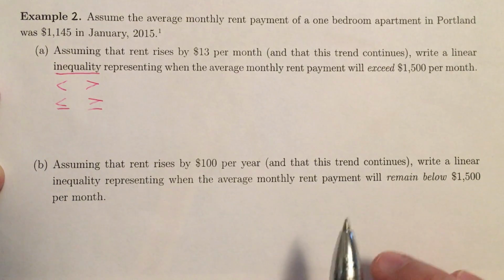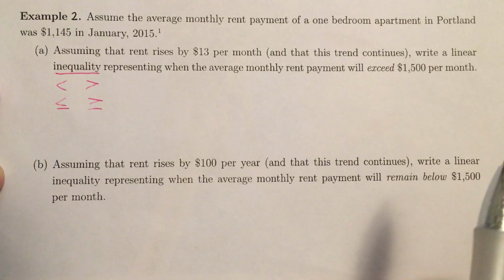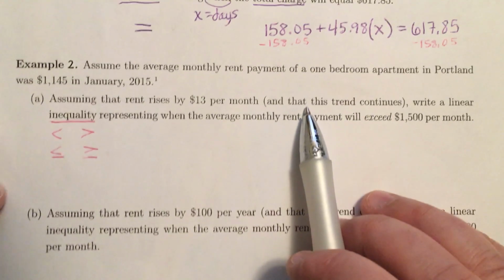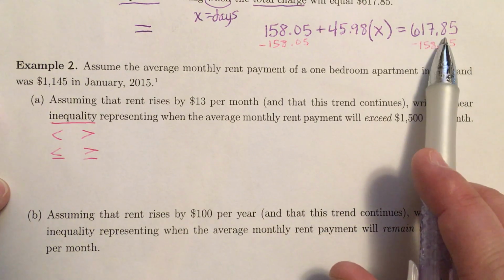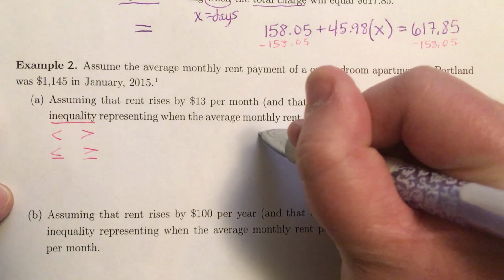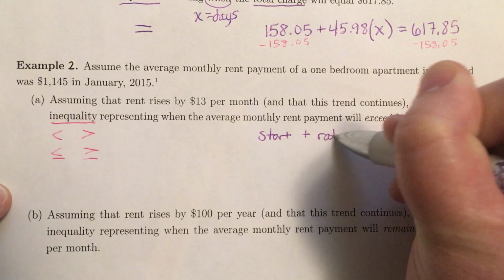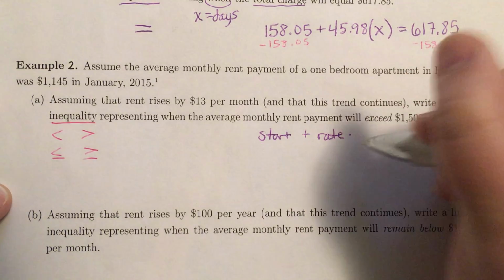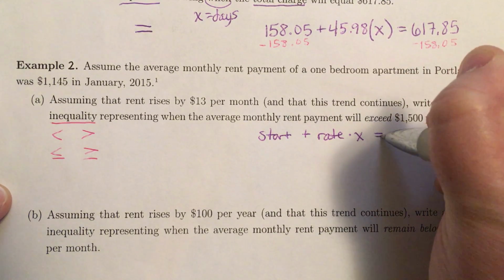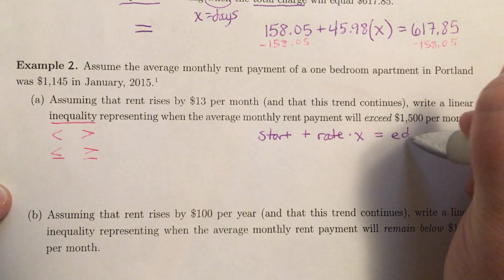So what I want us to use as sort of a model, and if you look up at this previous one, what we tend to see is that we'll have some kind of starting amount and then some kind of rate that we multiply by our variable, and that will equal our ending amount.